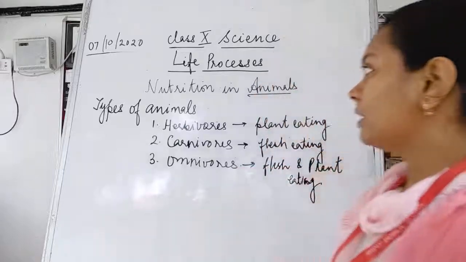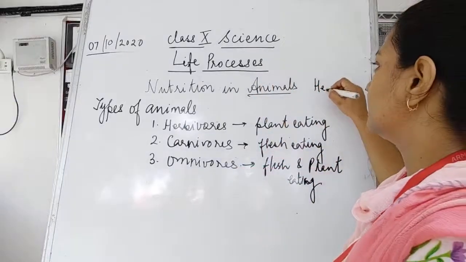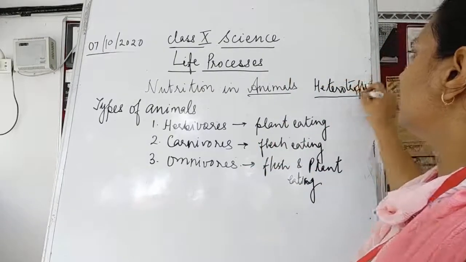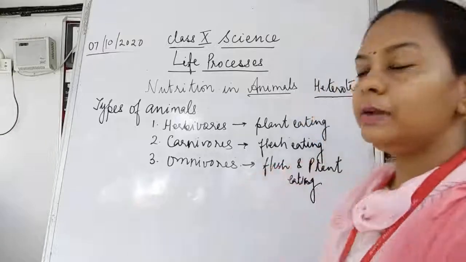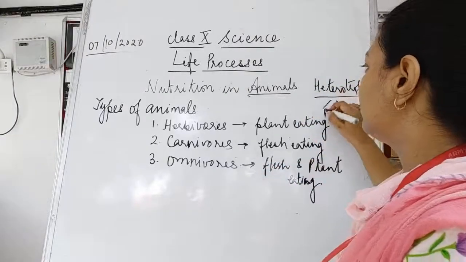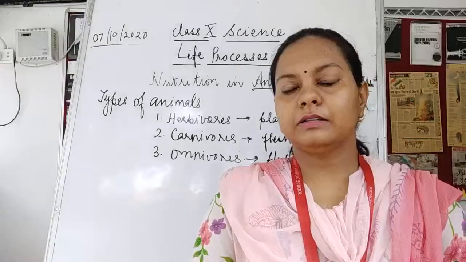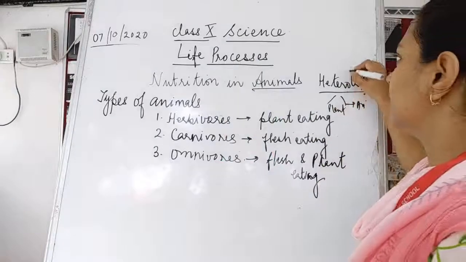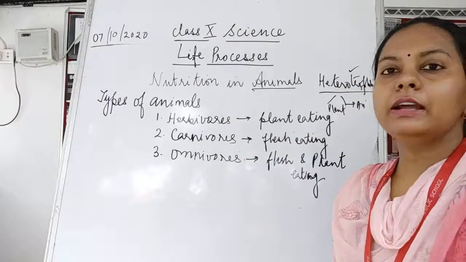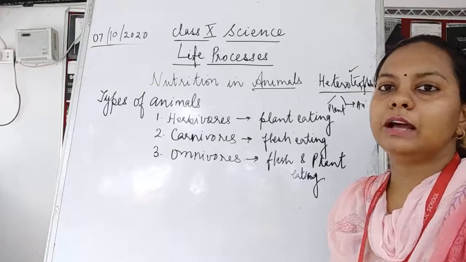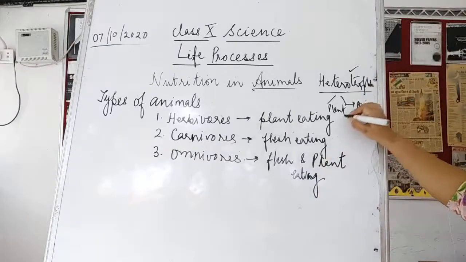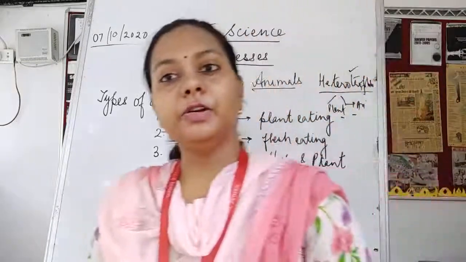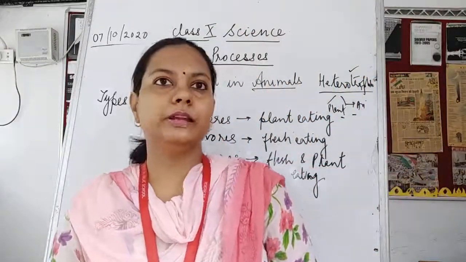Okay, so we are talking about the heterotrophic mode. Please remember this. In the heterotrophic mode of nutrition, animals are dependent either on plant products, or on animal products, or directly on the plant or animal as such.